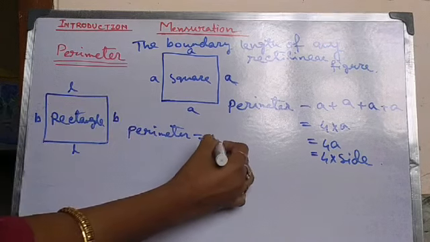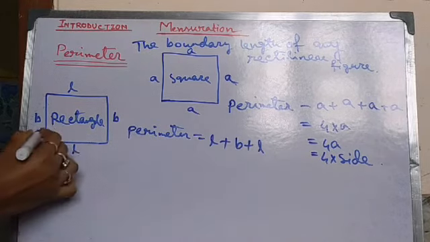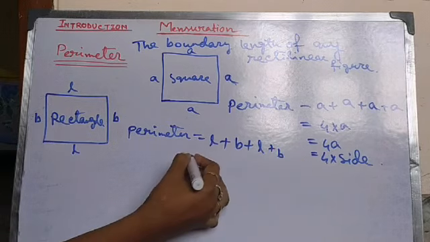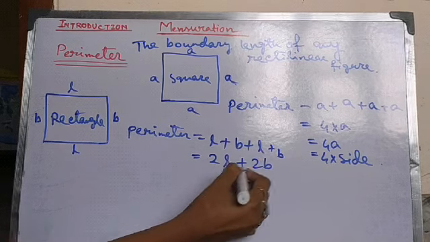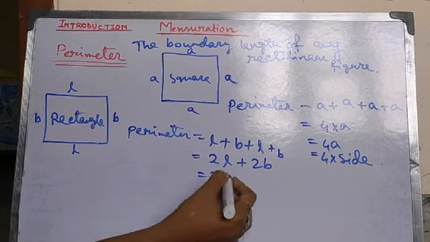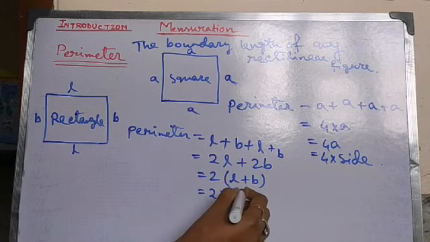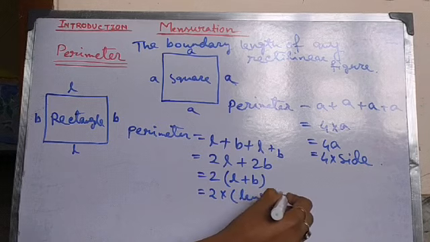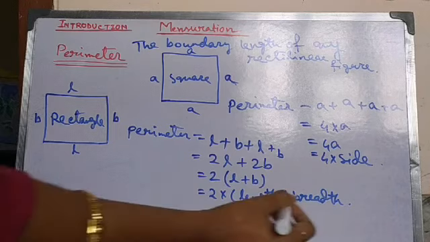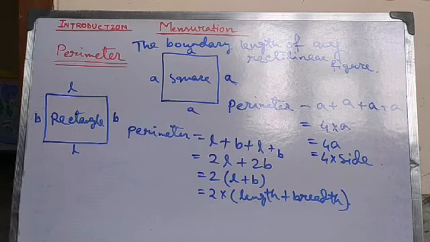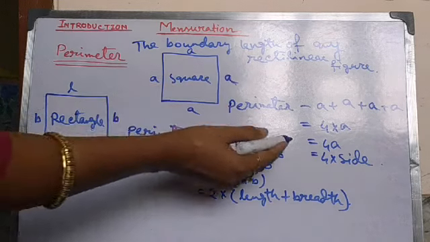So l plus b plus l plus b, so 2l plus 2b. Then I am taking 2 common, then l plus b. That means 2 into length plus breadth. So this is the perimeter of the rectangle. This is the perimeter of the square.